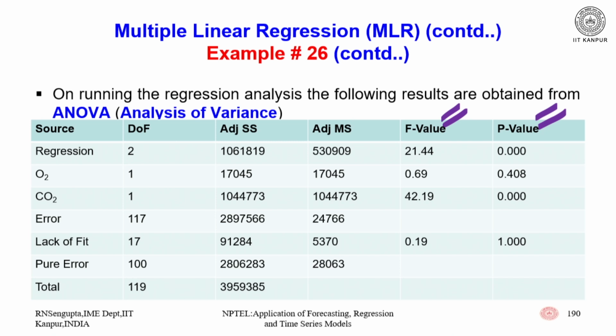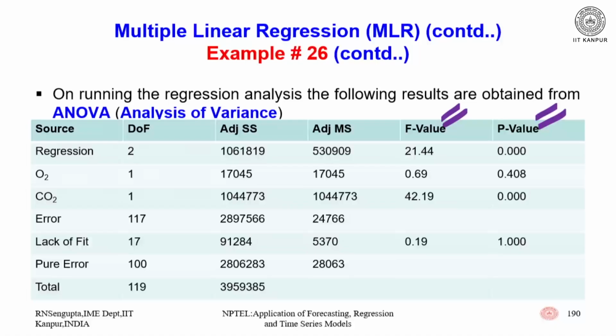That will give us the concept of inference, which is interval estimation, and these values of F and P, the F distribution and P values, will give us an idea of hypothesis testing, which is part and parcel of the DADM1 course in NPTEL, which has been recorded by me.